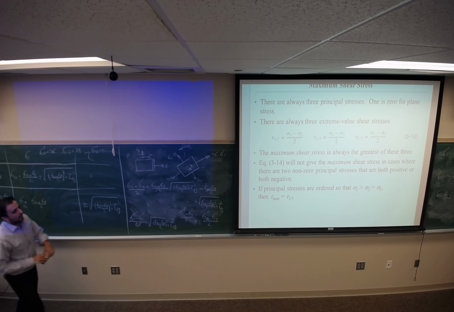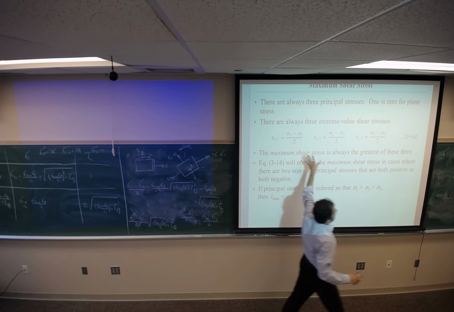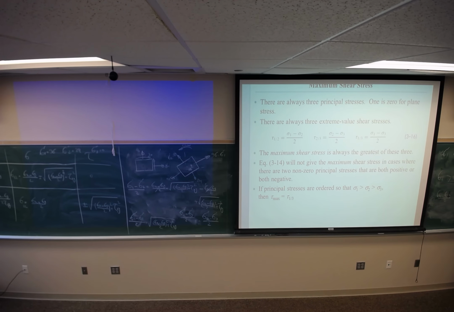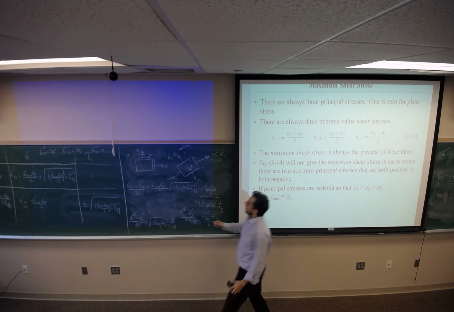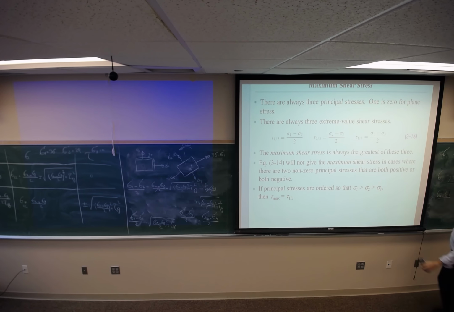Again, for maximum shear stress, you cannot say always this is the greatest value, because suppose sigma prime 1 is 96, sigma prime 2 is 24, and sigma prime 3 is 0. By using that equation, the tau extreme is going to be positive 36.